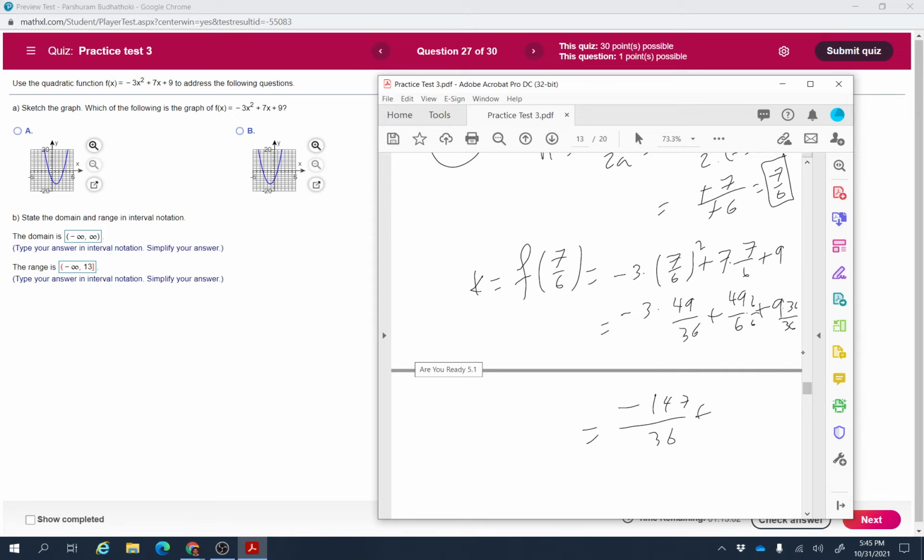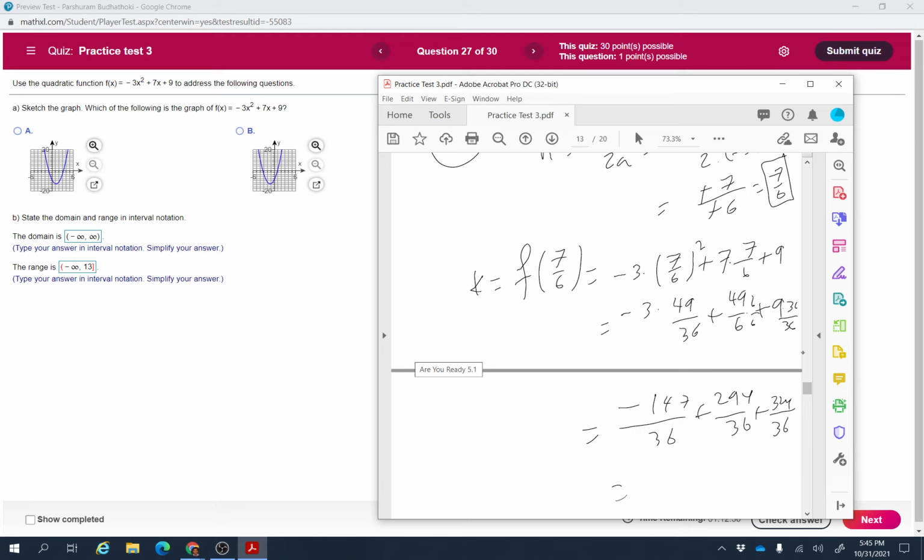I'm going to use my calculator here. 49 times 6 is 294 over 36, plus 9 times 36, which is 324 over 36.